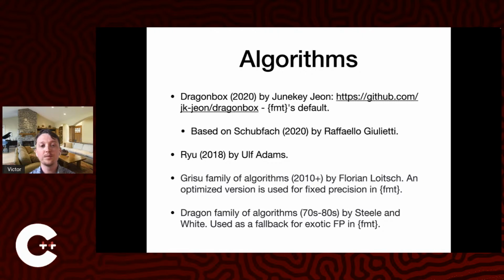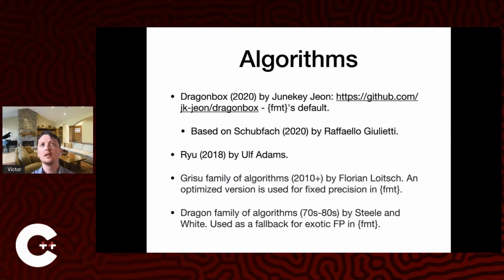It's based on another awesome algorithm called Schubfach, developed recently. It's really pretty good as well, and recent. Then there is a family of algorithms called Grisu, and there are some very nicely optimized versions, which I use for fixed precision in FMT.